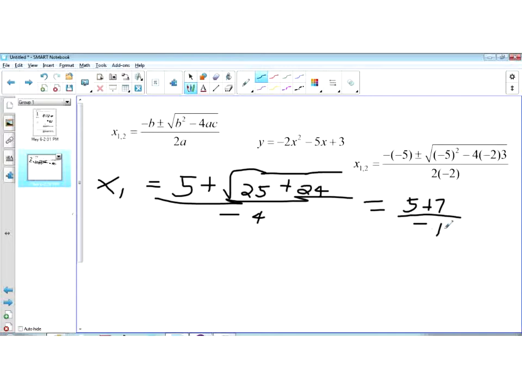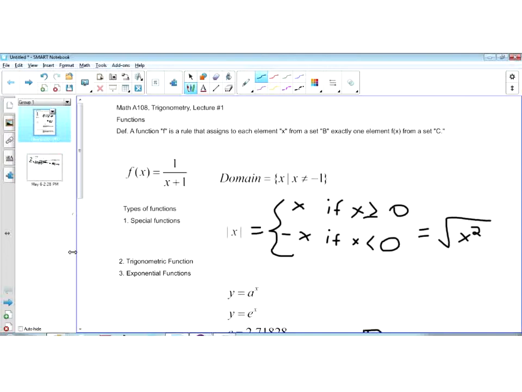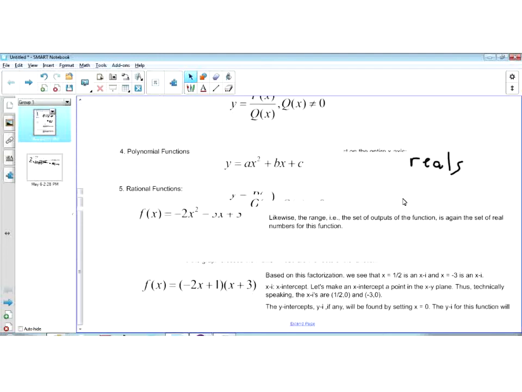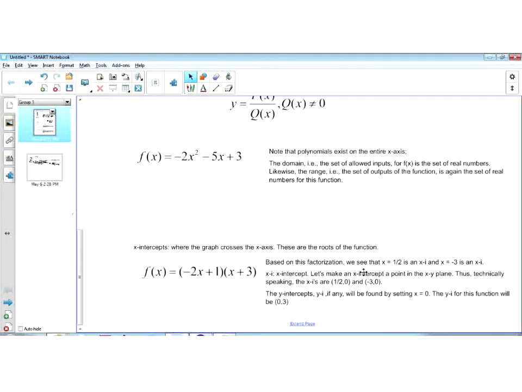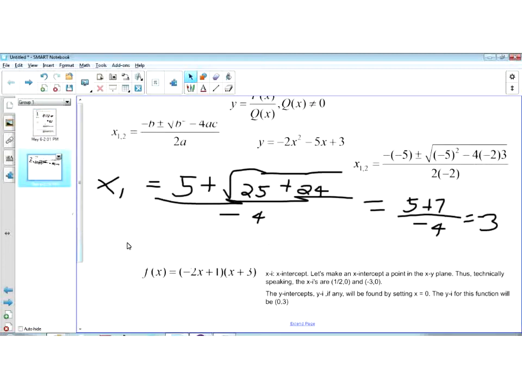So 5 plus 7 over -4, and that is equal to -3. Is that what I got on the previous? Let me check. Yes, we in fact did get -3 as a root. Okay, good. So far so good.